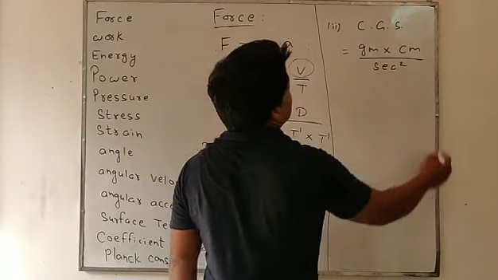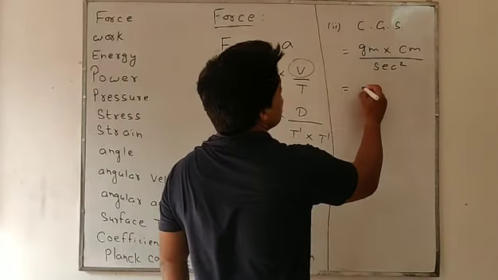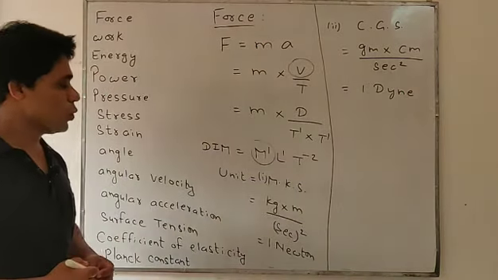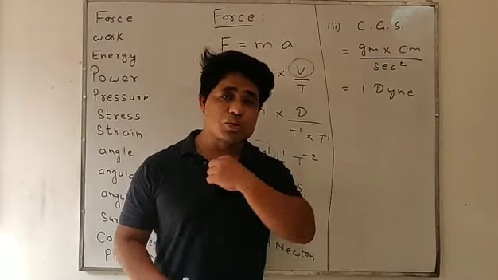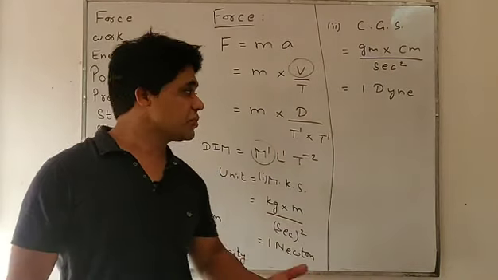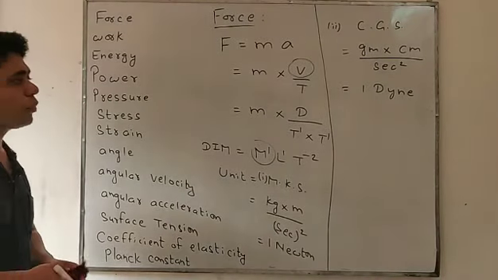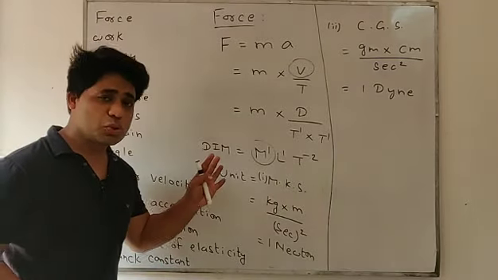So there comes second square, and gram into centimeter upon second square equals 1 dyne. Dyne is also named after a scientist. So Newton is the unit of force in which system? MKS, while dyne is the unit of force in which system? CGS. You can take a screenshot and copy this. Hope you have understood this.